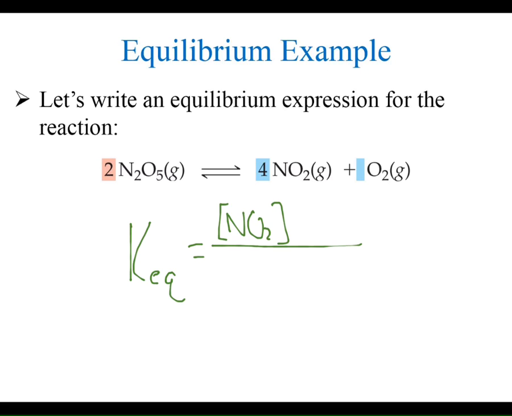It's 4 NO2s, so it's the concentration of NO2 to the 4th power, times the next product, the concentration of O2, and there's just a 1, so I didn't put anything in there, over the reactants: concentration of N2O5. And there were 2 of those, so I'm going to put that to the 2nd power, so squared. See how that works?